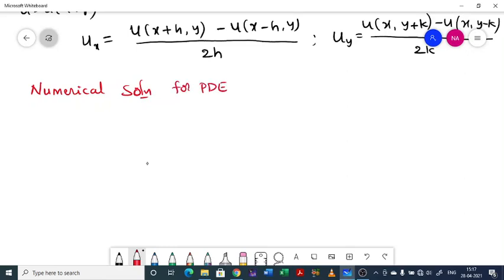Given a differential equation u equal to u of x comma y, we have to consider a rectangular region, and we have to divide it into different small rectangles.